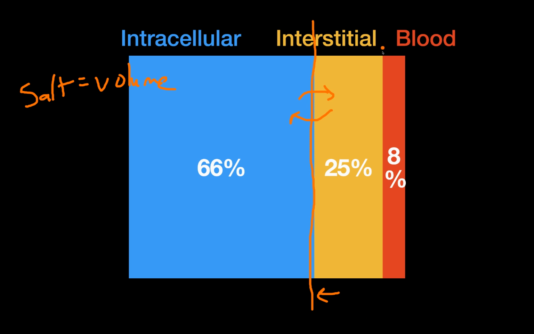Then our other barrier is this barrier between the interstitial extracellular fluid and the blood itself. And that's a more porous barrier. So I'm drawing this with some holes in it. Since it's not this tight lipid bilayer like we have at the cellular level, fluid can move more between cells. And the pressure that keeps the blood in the blood compartment as opposed to going in the interstitial compartment are these big proteins that we have in the blood.